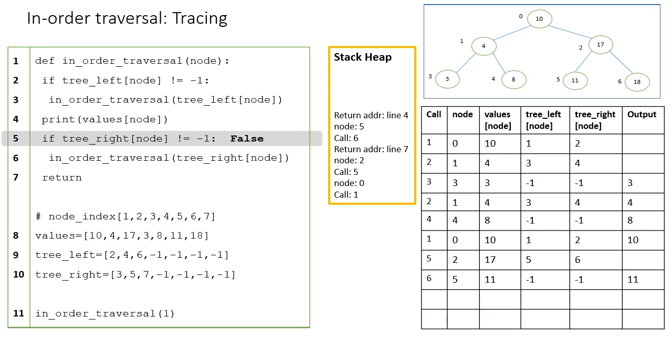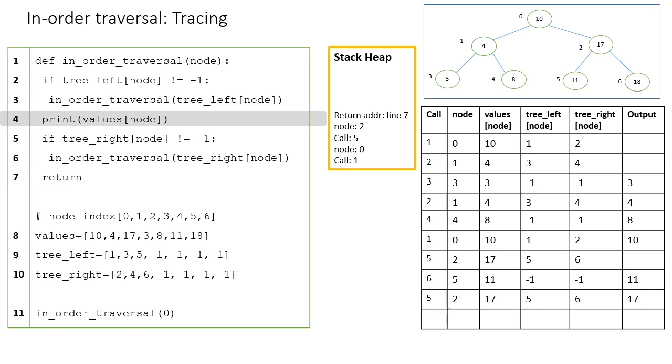That's also false. We return from call 6 and we return control back to call 5. In call 5, we output the value of our node, which is 17.